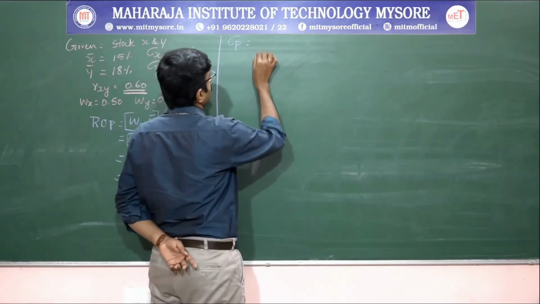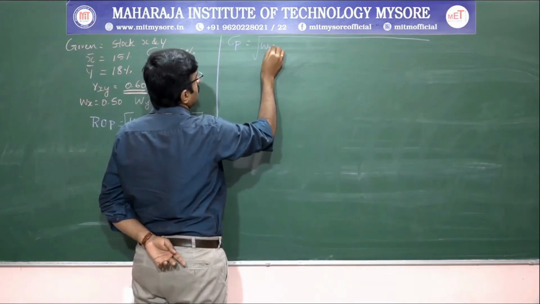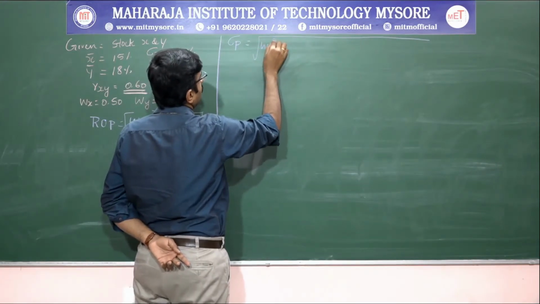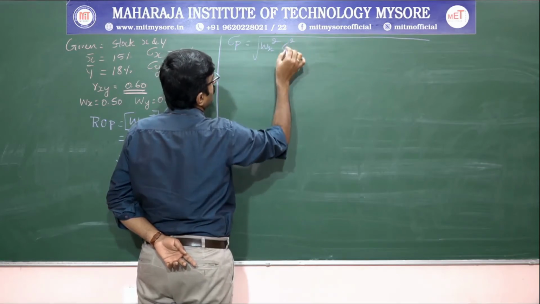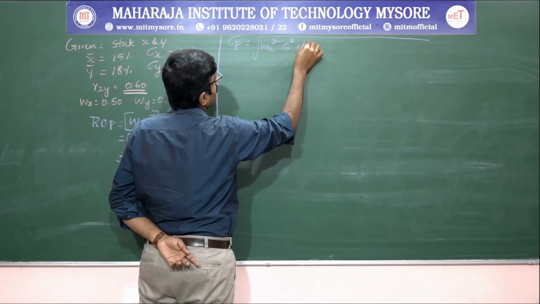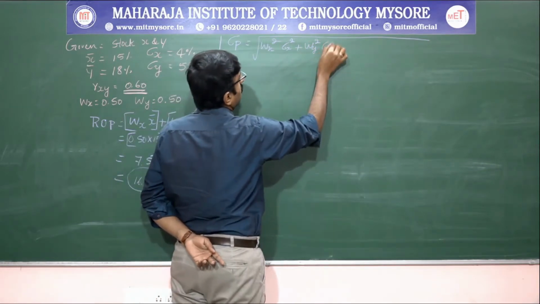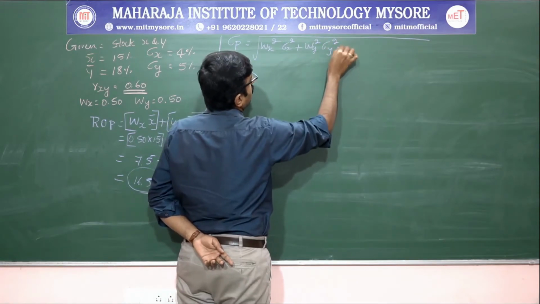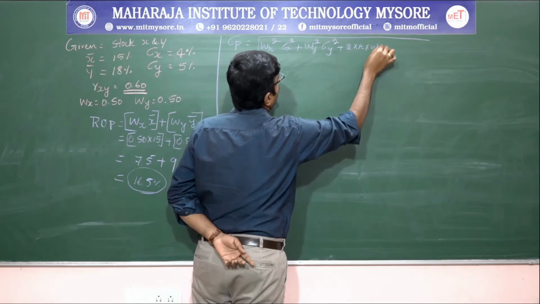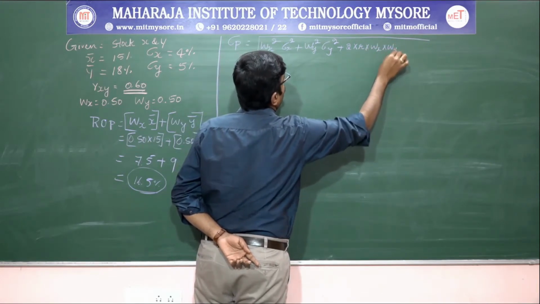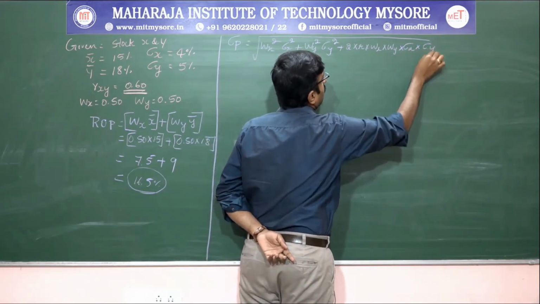That is root of sigma weight x square into standard deviation x square plus weight y square into standard deviation y square plus 2 into r into weight x into weight y into standard deviation x into standard deviation y.